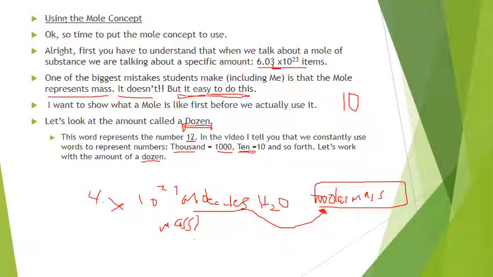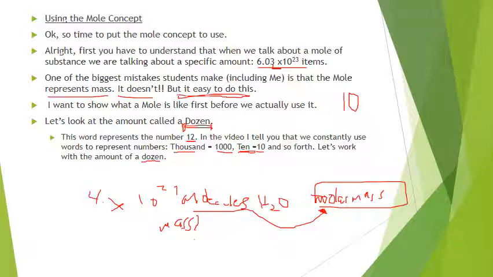But in math class, your brain translates this word into a number, and you write it down as a number. So it's important to understand we use this concept all the time, word to number.